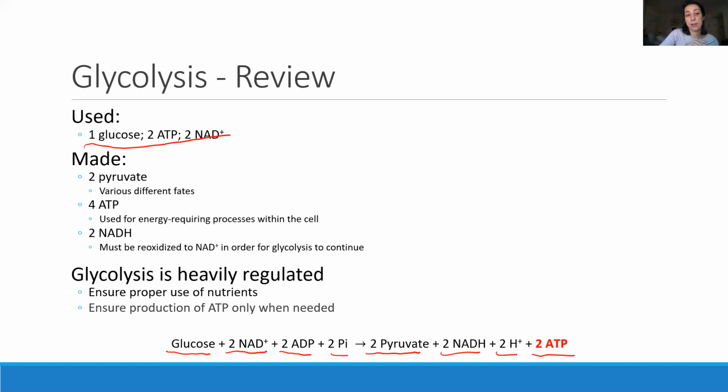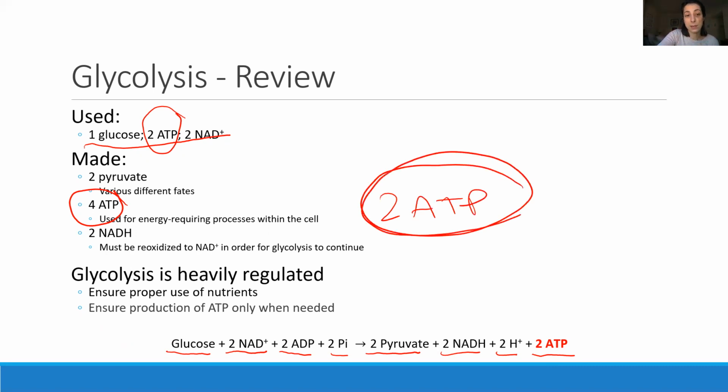I'm reminding you it's a net reaction because, as you can see up here, we did use 2 ATP, but we made 4 ATP. The net is that we made 2 ATP, right? This is the net amount of ATP we made because 2 were used and 4 were made.